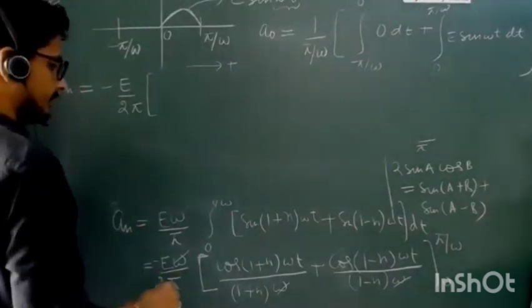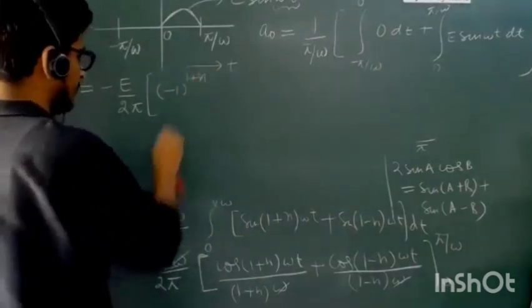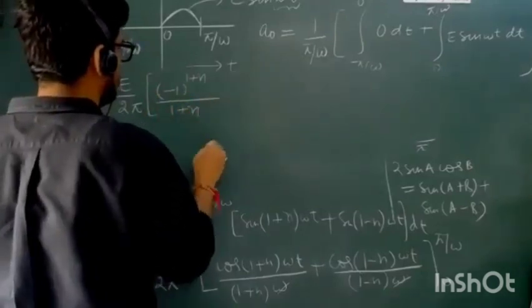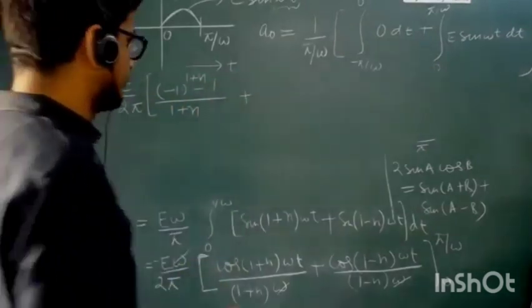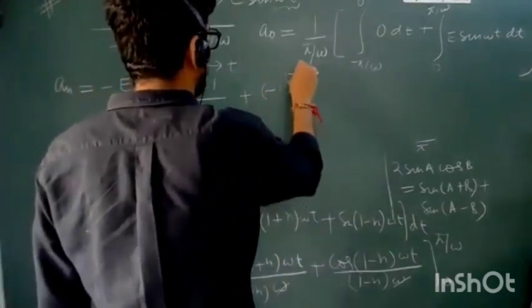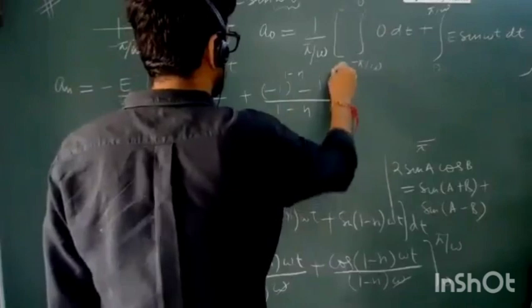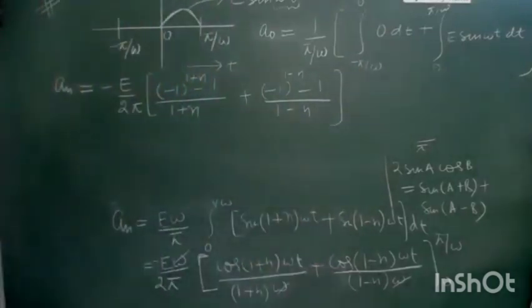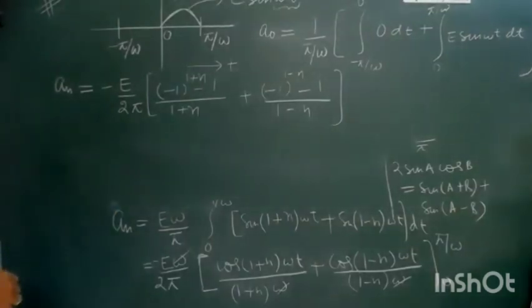So it will become minus 1 upon 1 plus n, minus 1 over 1 plus n, plus minus 1 upon 1 minus n, minus 1 over 1 minus n, like this. So this is the value of an. You agree with this? Yes, sir.